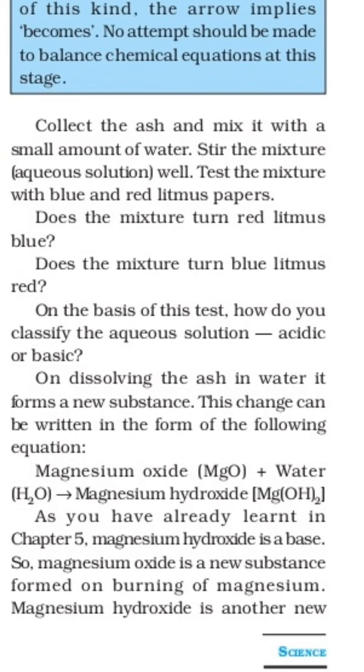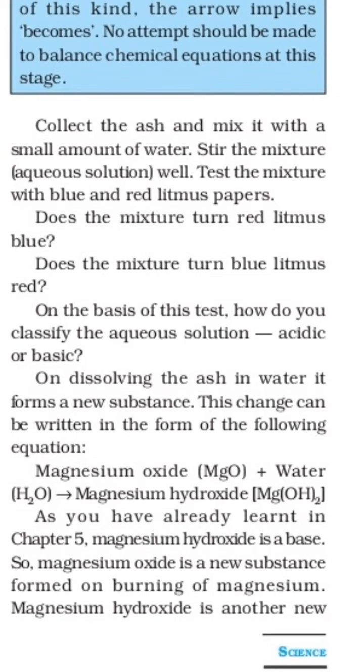As you have already learned in chapter 5, magnesium hydroxide is a base. Magnesium hydroxide is a basic material. So magnesium hydroxide is a new substance formed on burning of magnesium.